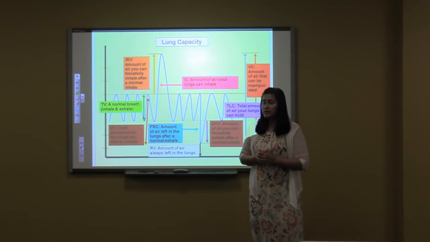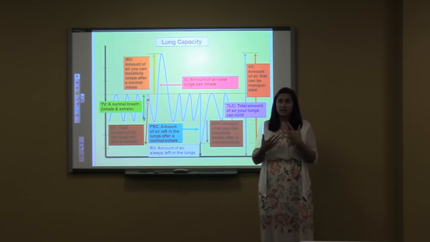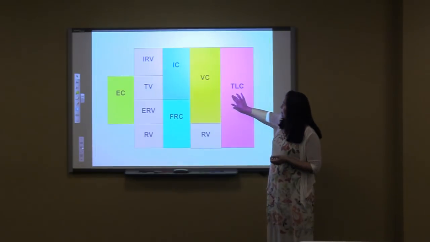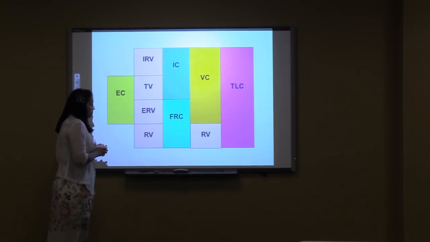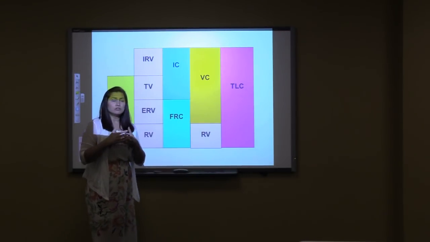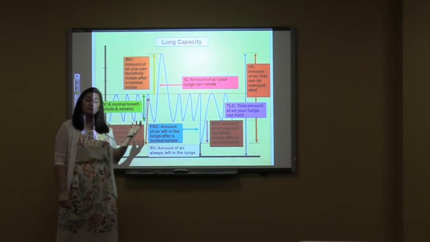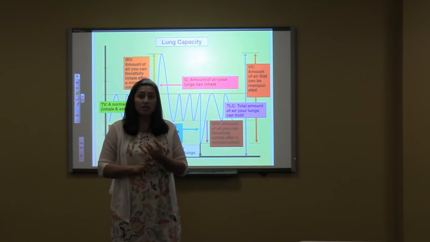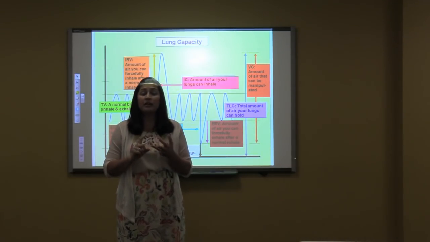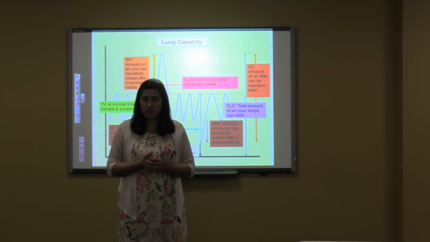Okay? Now let's quickly look at the equations for it. What must you know from this slide? You have to be able to identify the different volumes and different capacities, and explain what they mean. Plus, you should be able to do calculations.